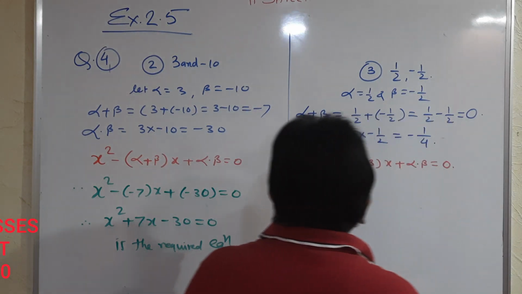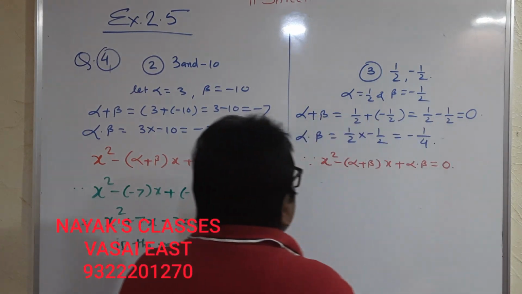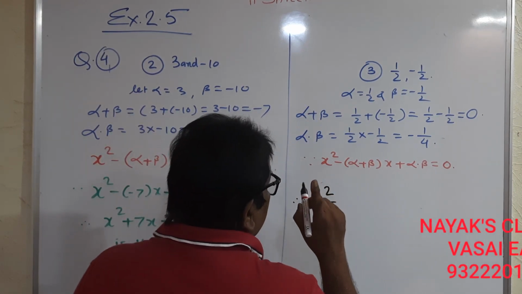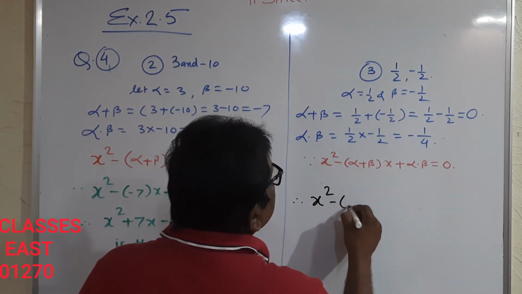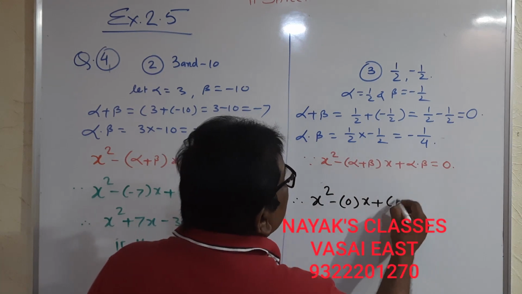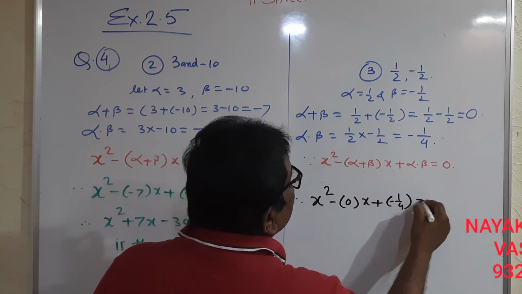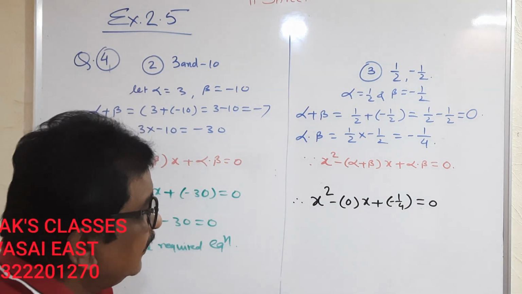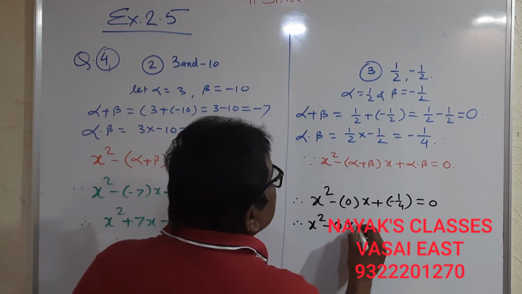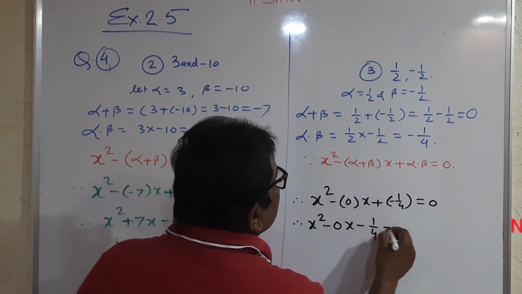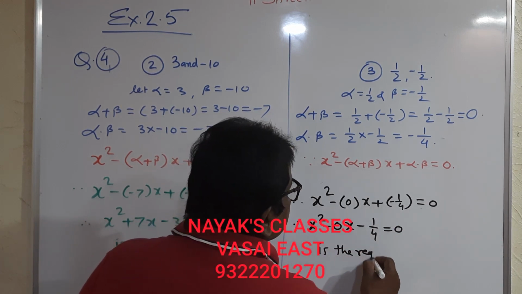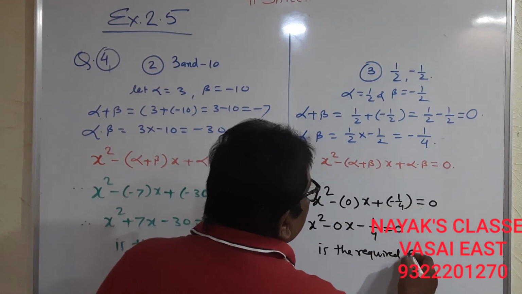Now this side it is x square minus alpha plus beta is 0, x plus alpha into beta is minus 1 upon 4, is equal to 0. So therefore x square minus 0x minus 1 by 4 is equal to 0 is the required equation.